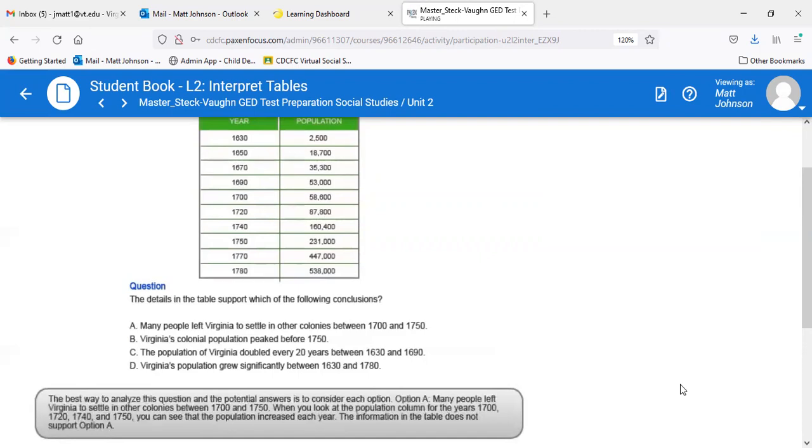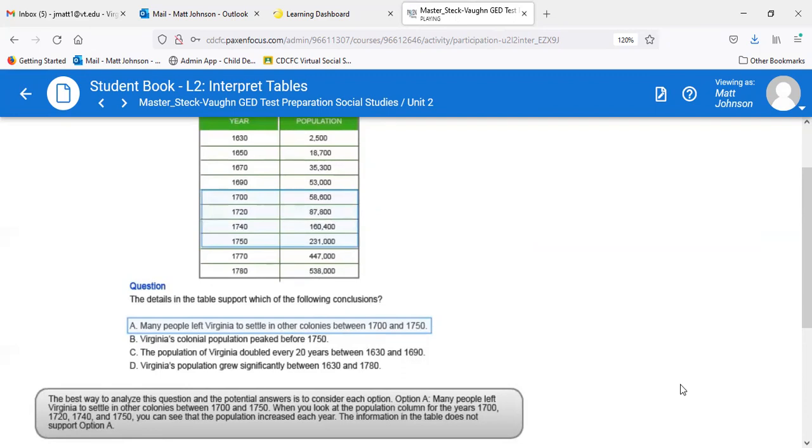The best way to analyze this question and the potential answers is to consider each option. Option A. Many people left Virginia to settle in other colonies between 1700 and 1750. When you look at the population column for the years 1700, 1720, 1740, and 1750, you can see that the population increased each year.